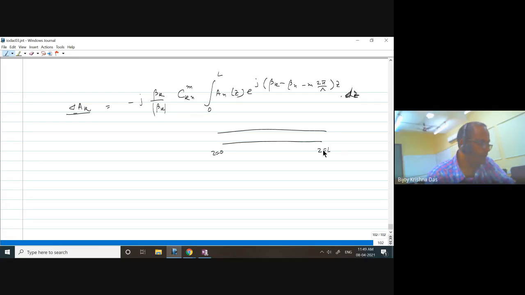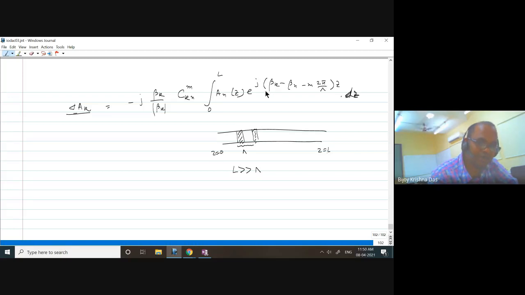Then how much perturbation will be there? Maybe you can consider one period of perturbation, then another period. So you are just integrating over one period, lambda. Then what will happen? Suppose L is a little bit larger than lambda, you are considering more than one period, two periods, three periods, and so on. So what would be the value?